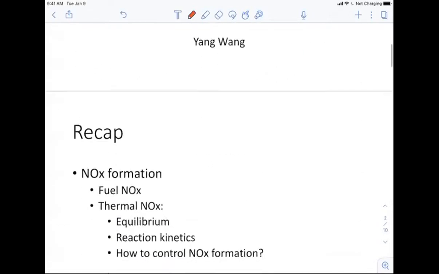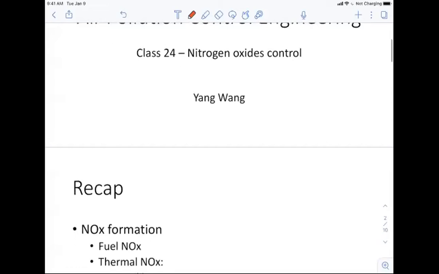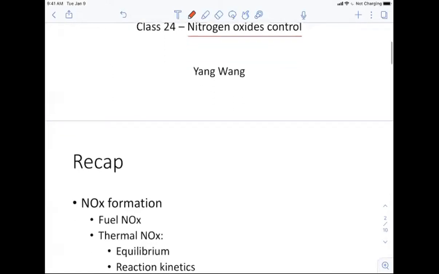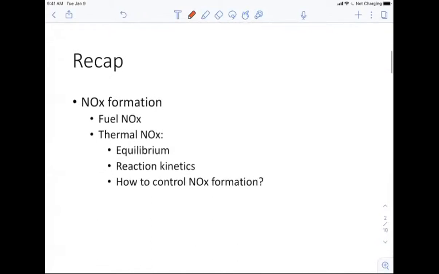Okay, so this class we're going to talk about the nitrogen oxides control. For all of these air pollutants, we first talk about their properties, and then we're going to talk about how to control them. So if we do a quick recap of our last class, we mainly introduced the nitrogen oxides properties.